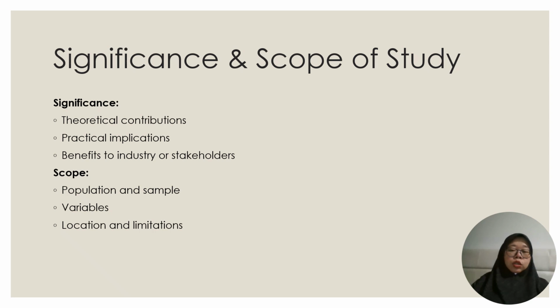It should guide you as a researcher to specify the population that you want to study, the variables you are focusing on, and any limitations you wish to acknowledge upfront. Together, this section helps to manage reader expectations and also ensures clarity.